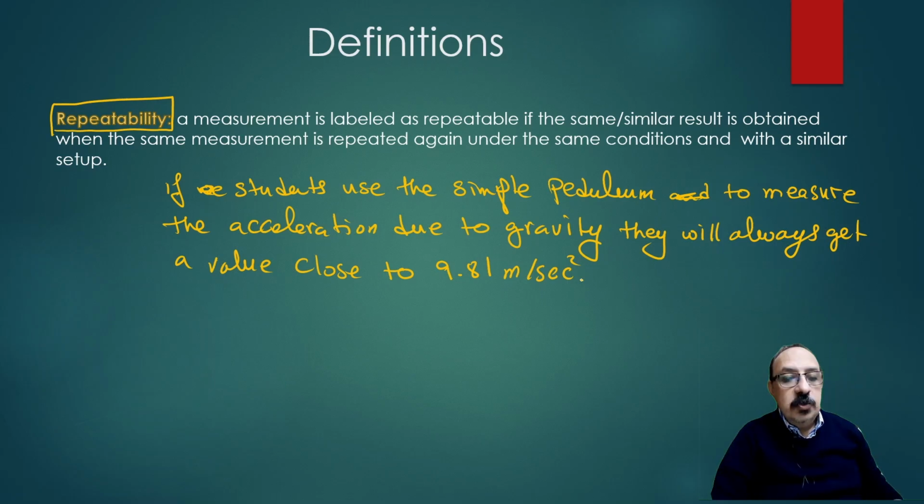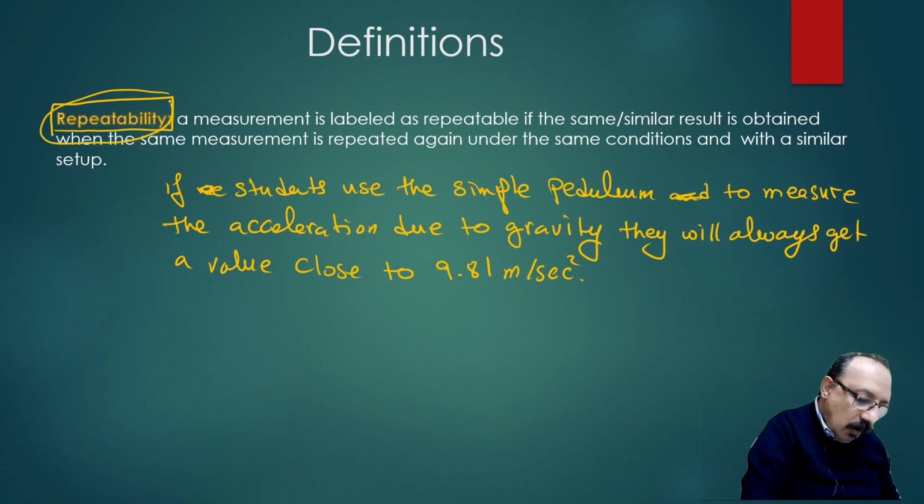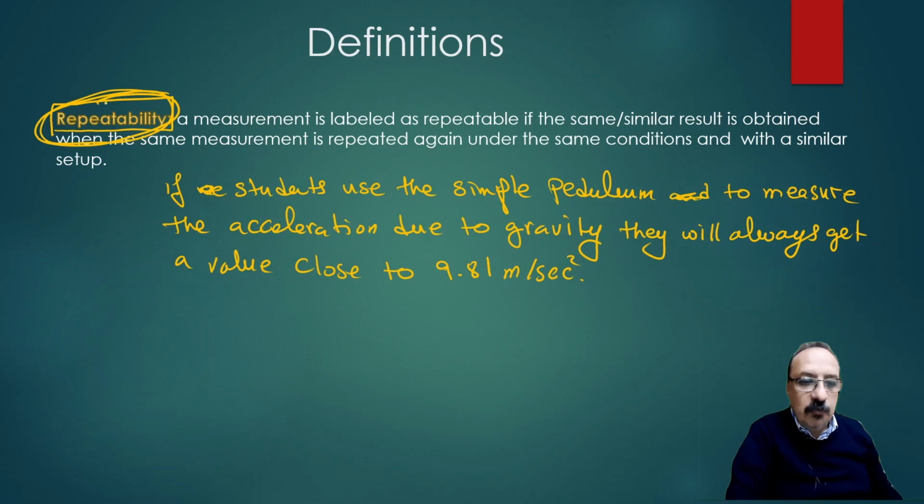So if students use a simple pendulum correctly and wisely to measure the acceleration due to gravity, they will always get a value close to 9.81 meter per second square, which is the true value. In that case, we call that measurement of acceleration due to gravity using a simple pendulum repeatable, meaning that if we repeat it with the same setup and using the same method, we expect to get similar results. Okay, this is what we mean by repeatable.